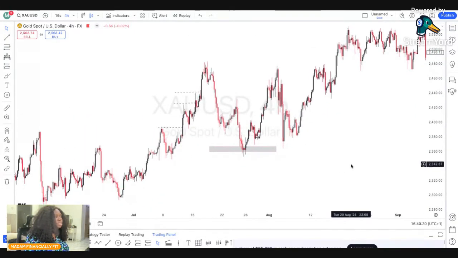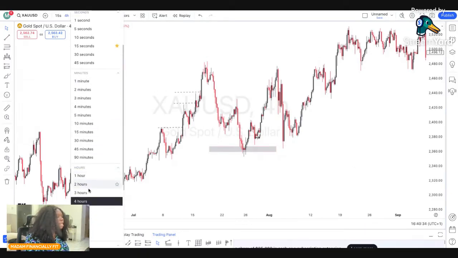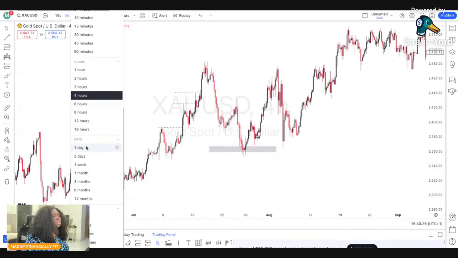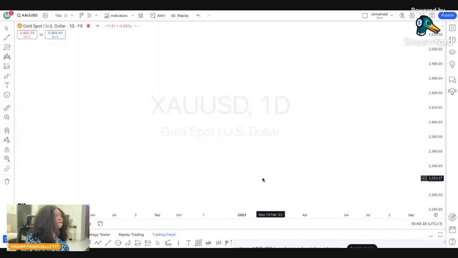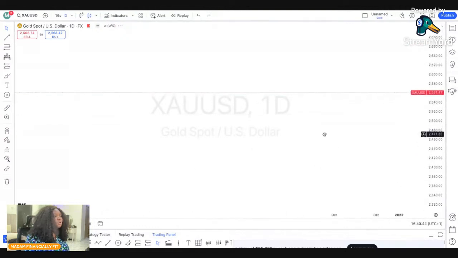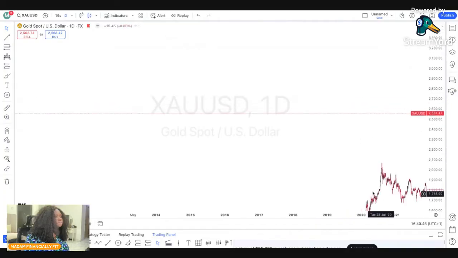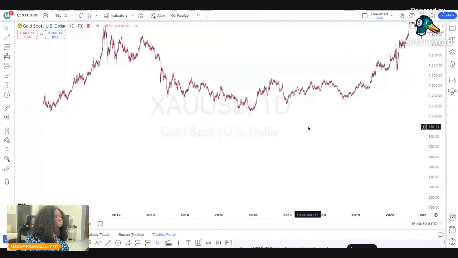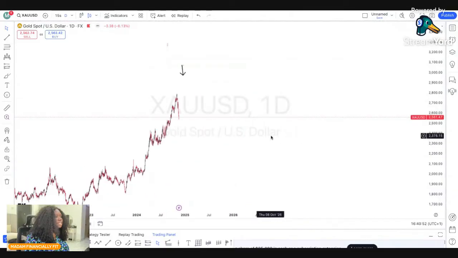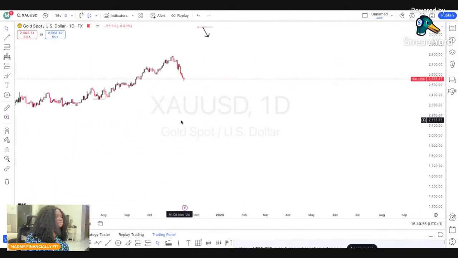You all know me. If you know me, you know me. Let's even not look at it on 4 hour, let's look at it on the daily. If you know me, you know where I'm waiting for. I use my fib to find my entry or my zone on high time frames. So this is the daily. Beautiful.